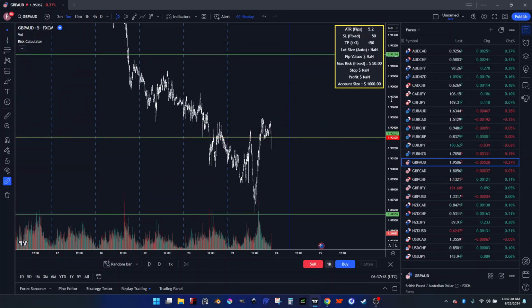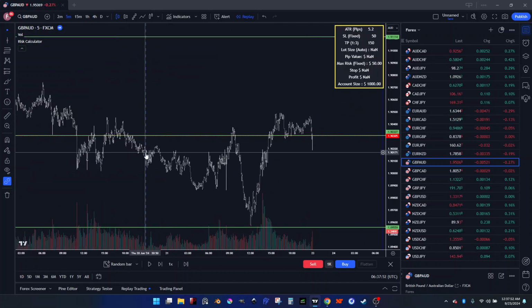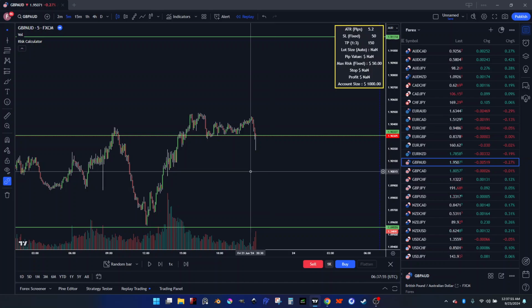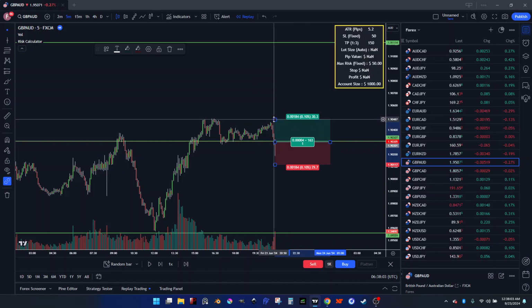Right, so we're coming down, but we're now starting to push up hard and getting back above this level here. Tried to get below it, but coming back up, so long from here. Boom.